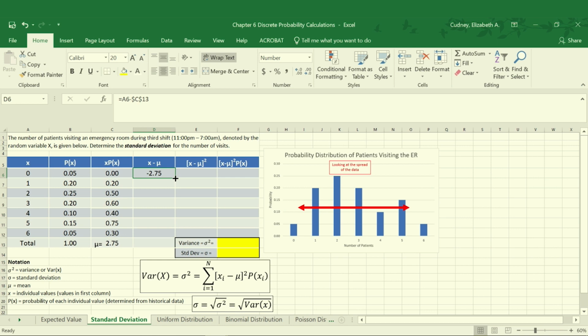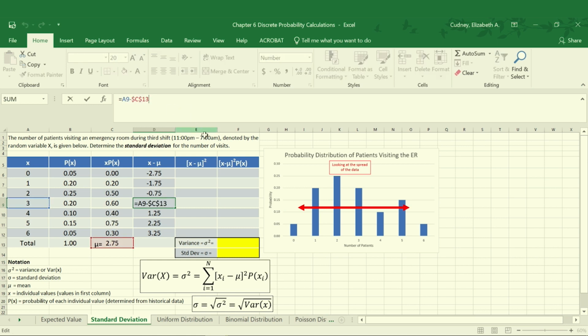And then I'm going to take that equation and drag it down, so it calculates all of my other values. Just to spot check those, it did take my A9 and still minus my mean of 2.75, which is why I wanted to hold that value constant.